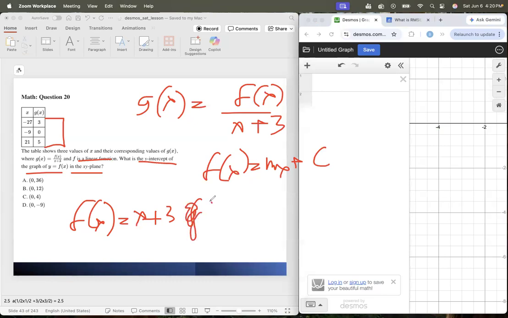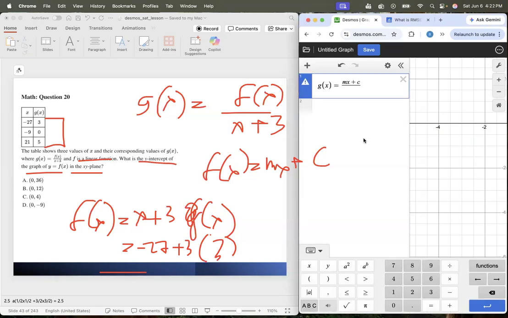g of x. And then plot a new function by taking the value of x. So if x is equal to -27, you put it here. -27 plus 3, and the g of x multiplied by 3, right? And this is going to give you a new function of y, of f of x. I feel like it's tedious. It's easy based on what they've given you. I tell Desmos, we're going to put the whole function x plus 3, right?